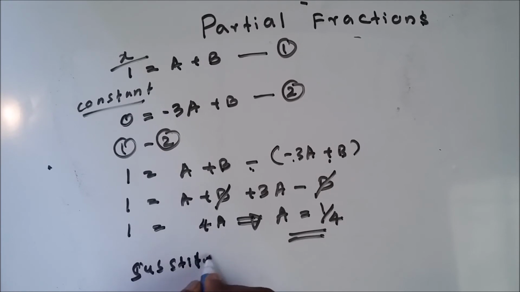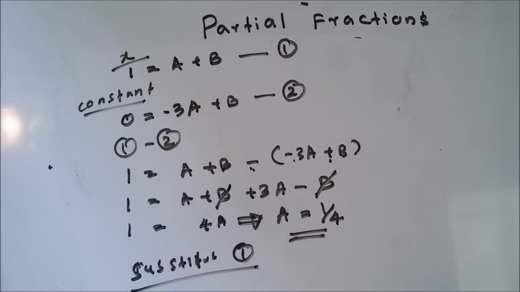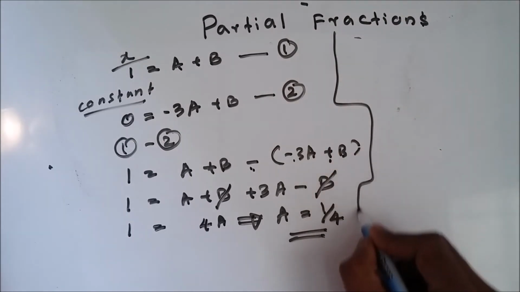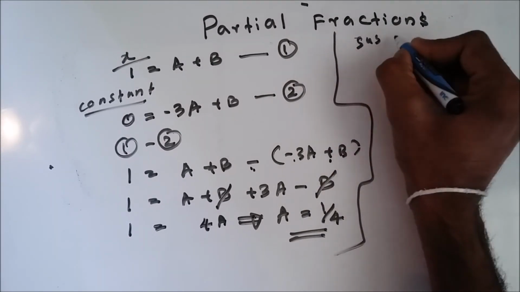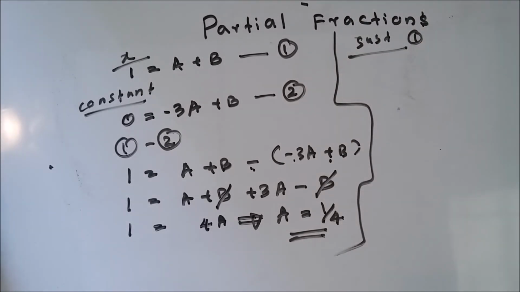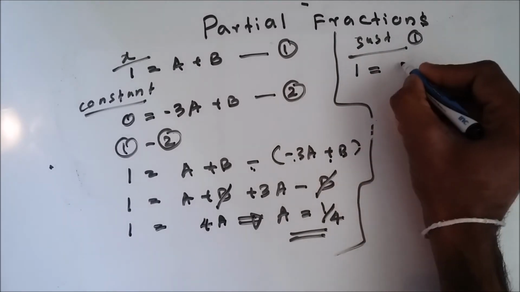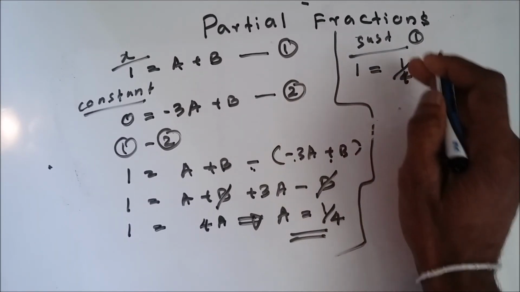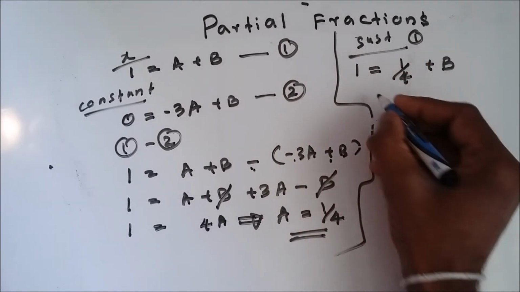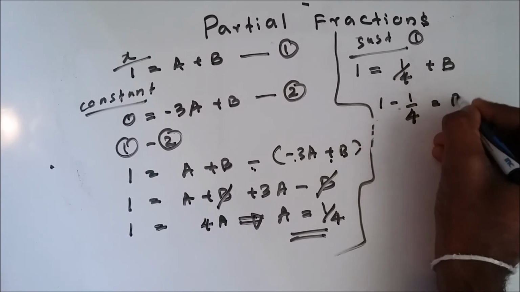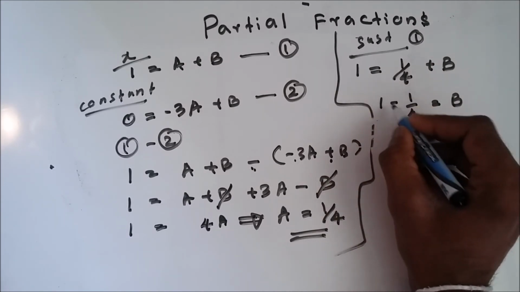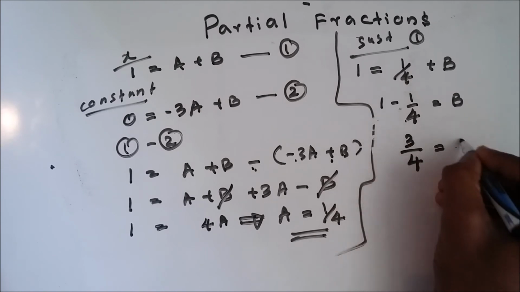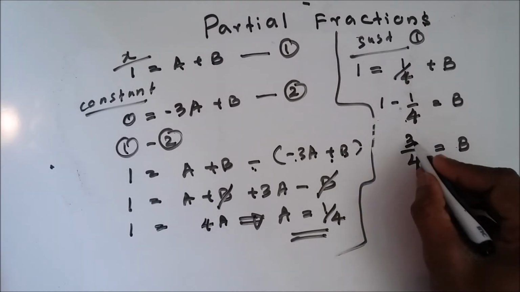Substituting into the first equation: 1 equals 1 over 4 plus B. So we take 1 over 4 to this side: 1 minus 1 over 4 equals B. Taking a common denominator, 4 minus 1 is 3 over 4. Then we get B equal 3 over 4.